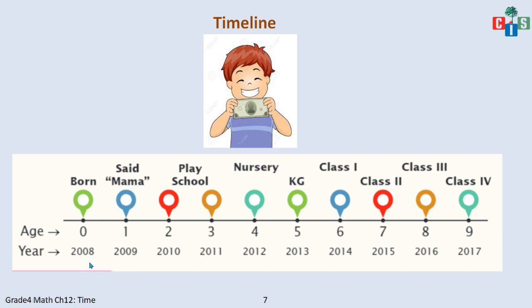Whichever incident has taken place first will be in the first place. So he was born first, so it's in the first place, and he was in class 4 later on, so it is in the last point. So this is a chronological order. Fine. So this is the timeline of Rishi.